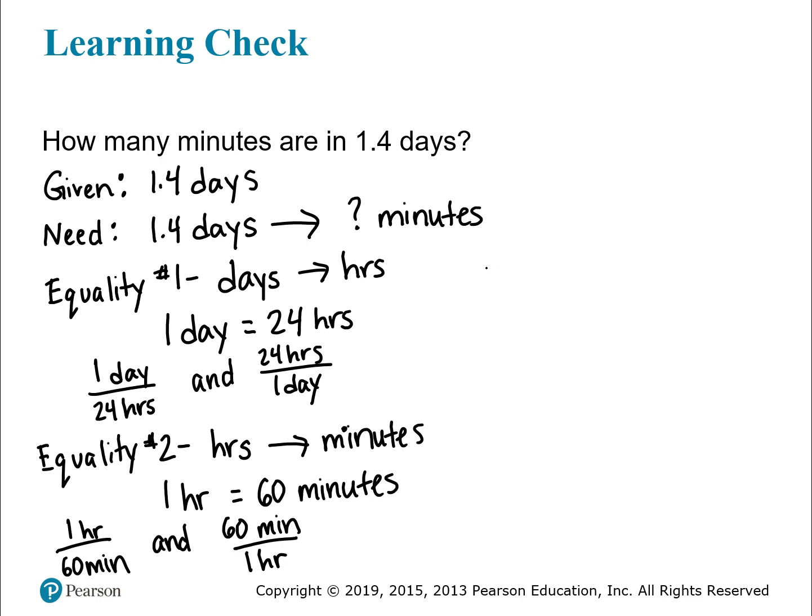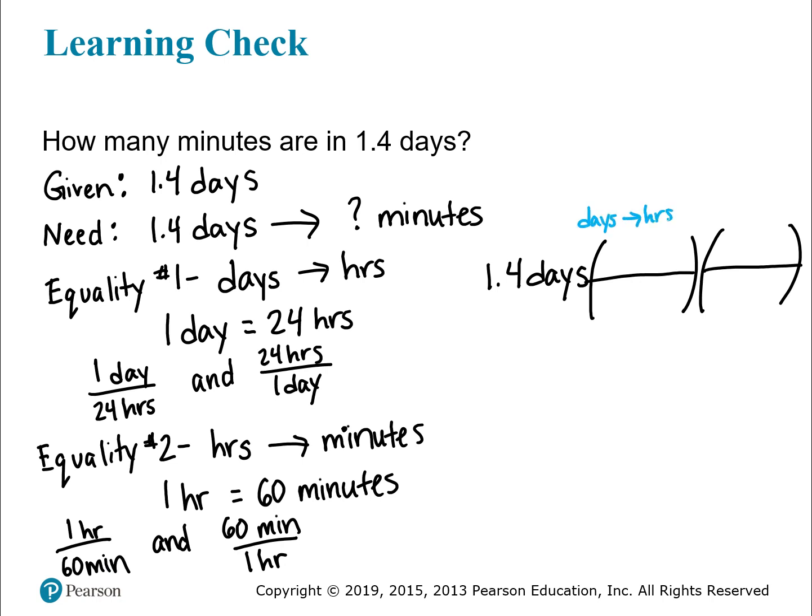Now we start setting up our problem. We've got 1.4 days. And we need to use two different conversion factors to get there. Let's make some decisions. We're trying to get from days to hours with this first bridge. So we want to have hours on top.